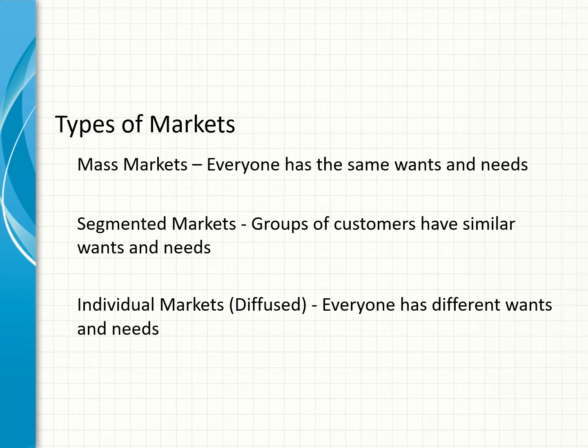Let's start by discussing some examples of mass markets. Can you give me an example of a market where everybody wants the same thing? Now, this would have to be a market that would be relatively simple and relatively straightforward. So let's think about this for a second. How about water, the market for water? Well, there's all kinds of water, right?